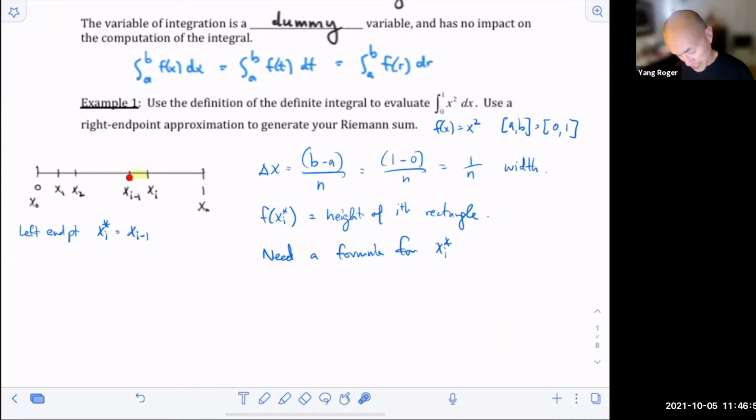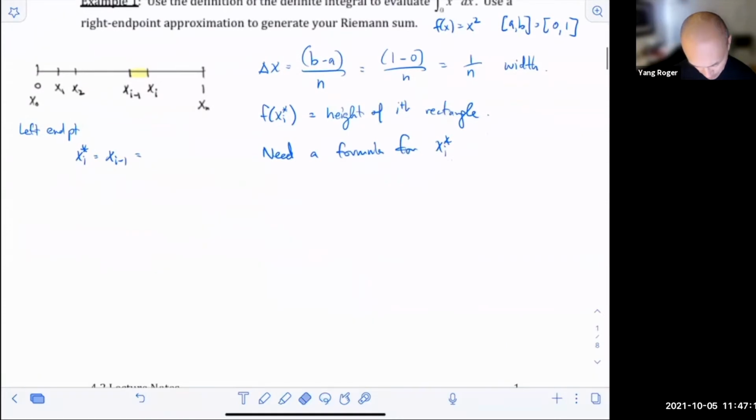The left endpoint would be xi minus 1. And how am I going to calculate what that is? I'm going to show you in a second. Okay. If we want the right endpoint, xi star is just going to be xi. So let's figure out what this one is first.